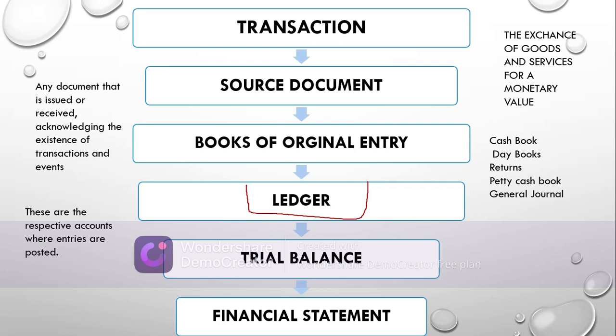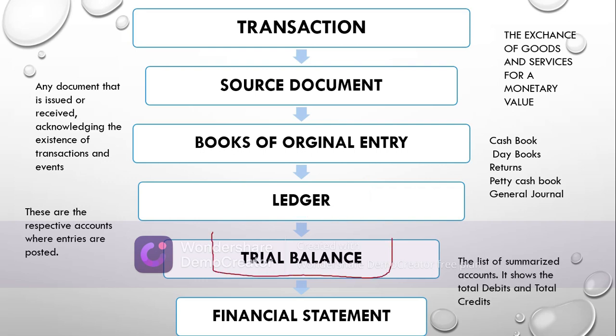Now, next on my list is the trial balance. The trial balance is a list of summarized accounts. It shows the total debits and the total credits. Now note, the total debits and the total credits must be equal.